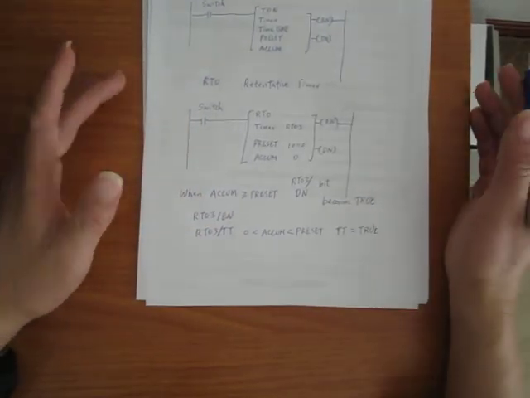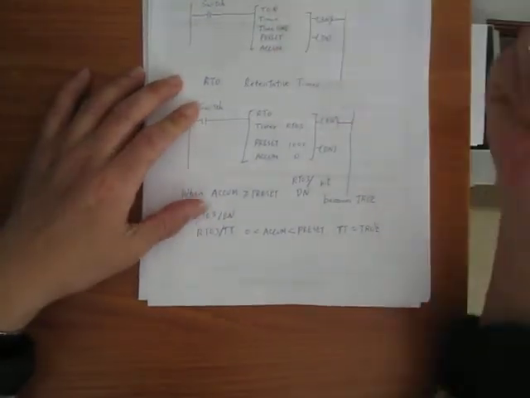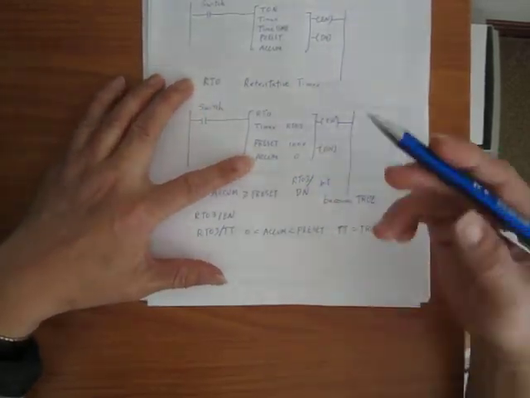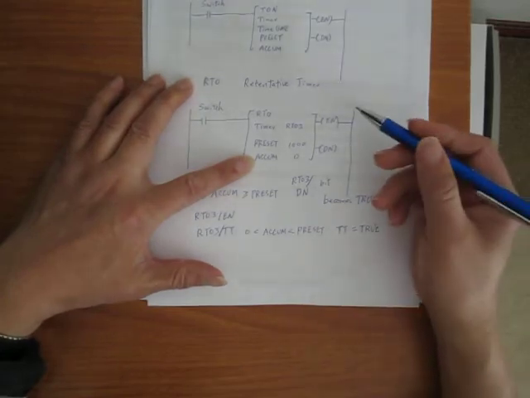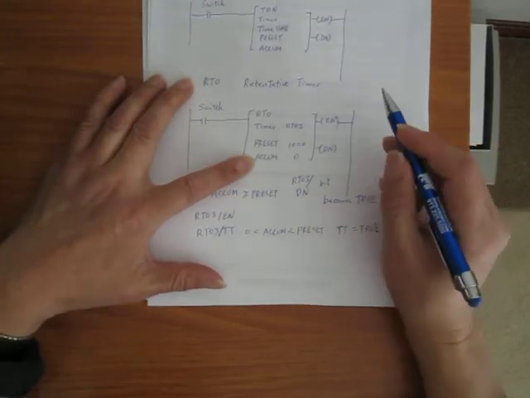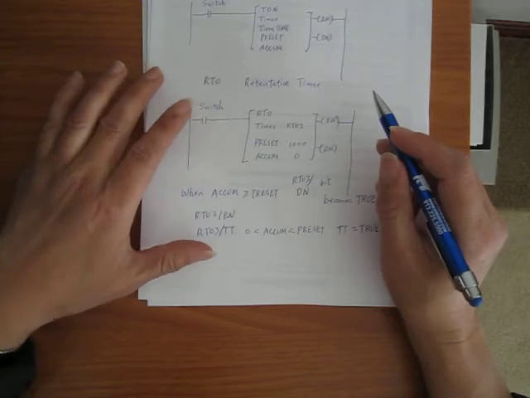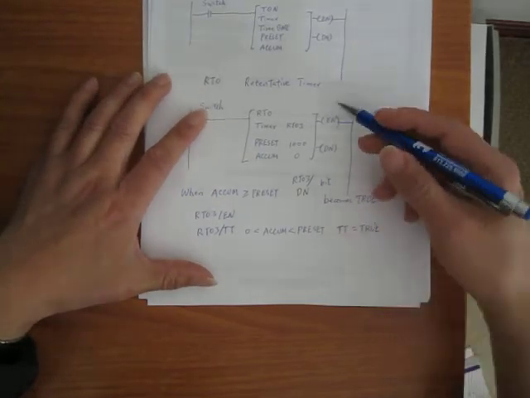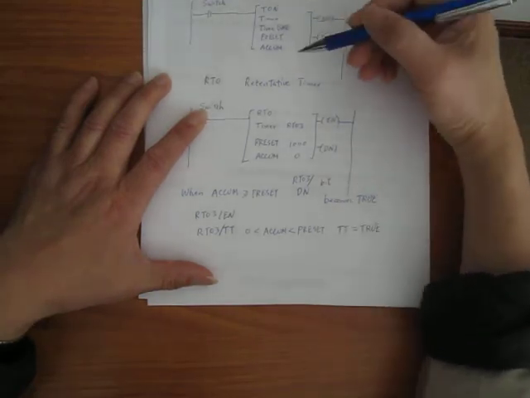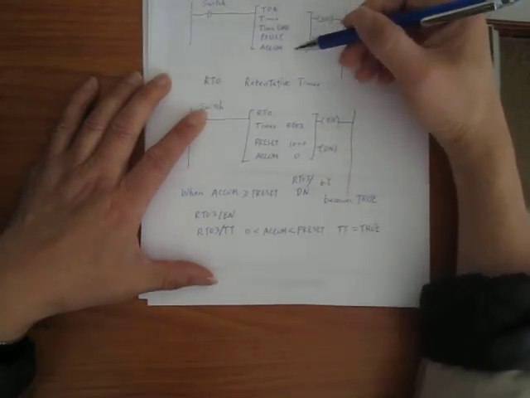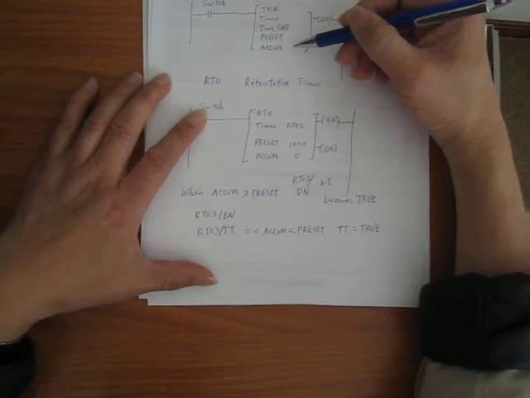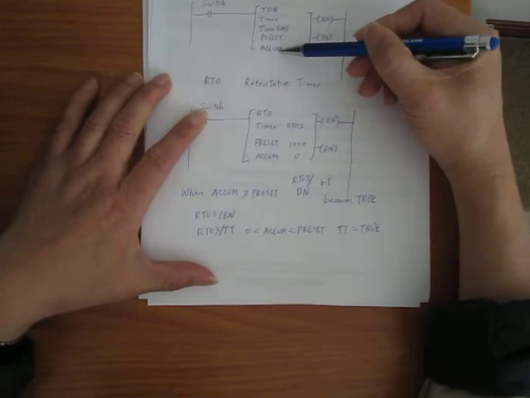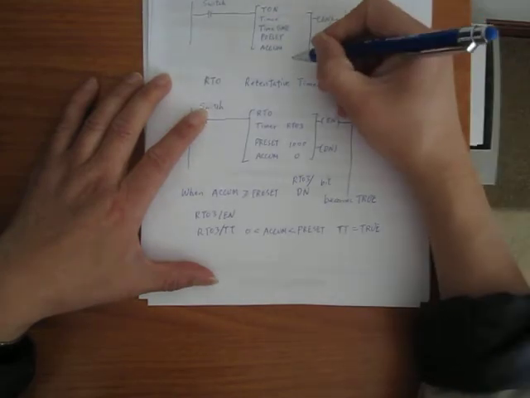So what's the difference between RTO and TON? The difference is that the RTO accum will keep accumulating even when you turn the switch off. With TON, when the switch is turned off, the accum will automatically be set to 0.